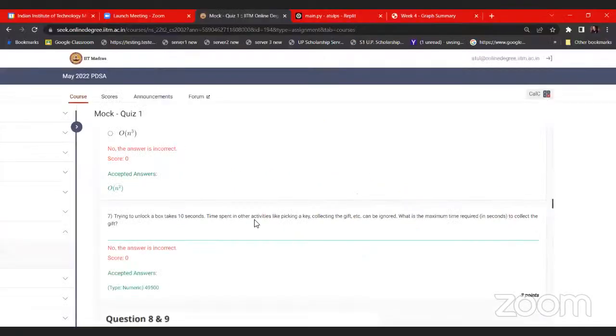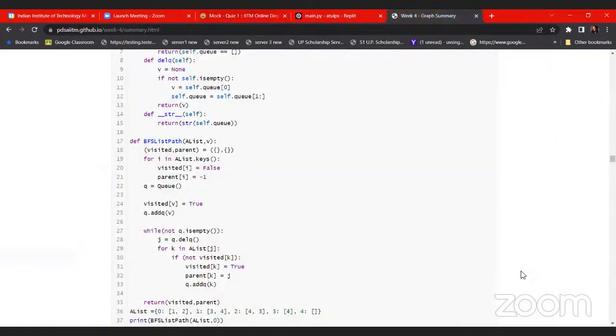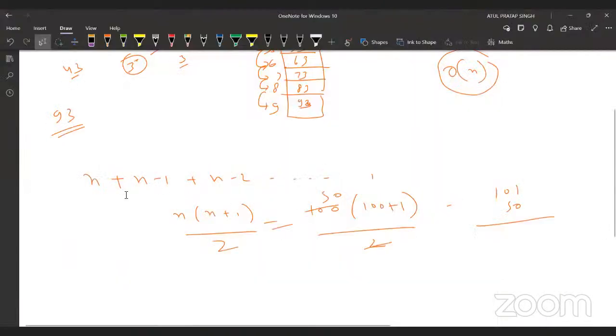We spend the time plus one time. So the series is starting from n minus 1, so this formula will change.